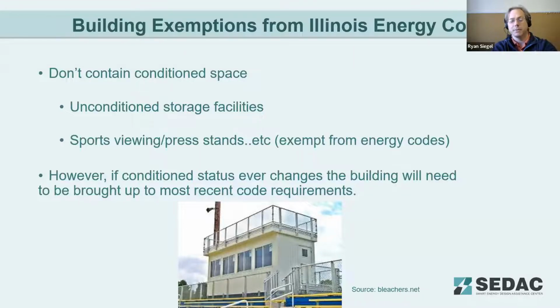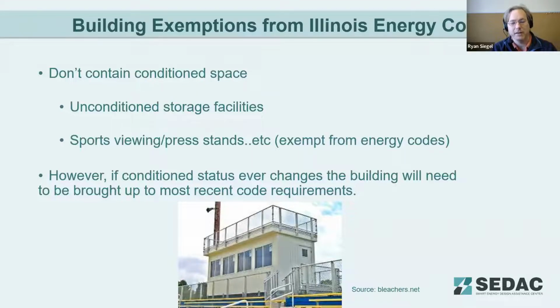So something to be aware of: in this example showing a press box, we don't see any air conditioning, and we anticipate that there's no heating presently in this space. However, if that status changes and you are calling yourself exempt from the energy codes, and therefore not building to the standards set forth in the energy codes, and you later change to make it conditioned, you lose the grandfathering.